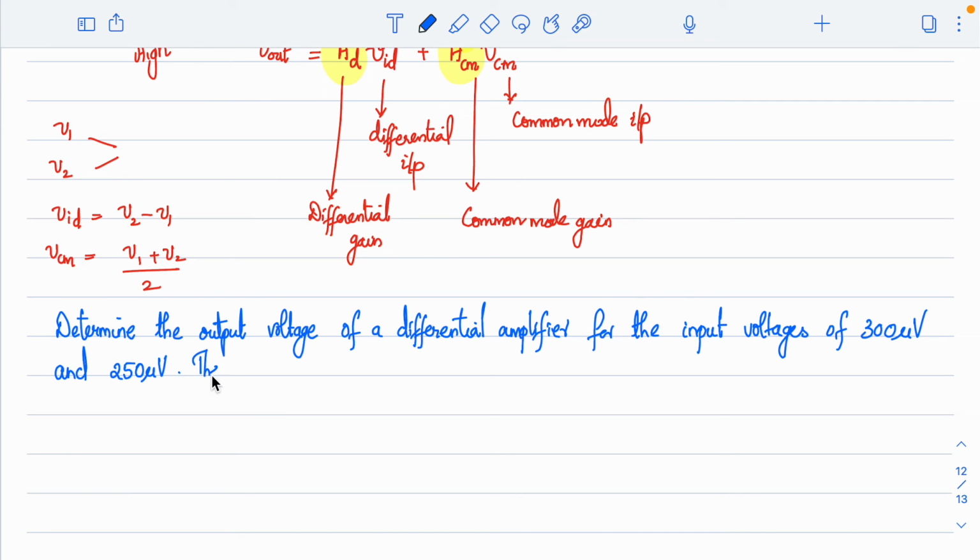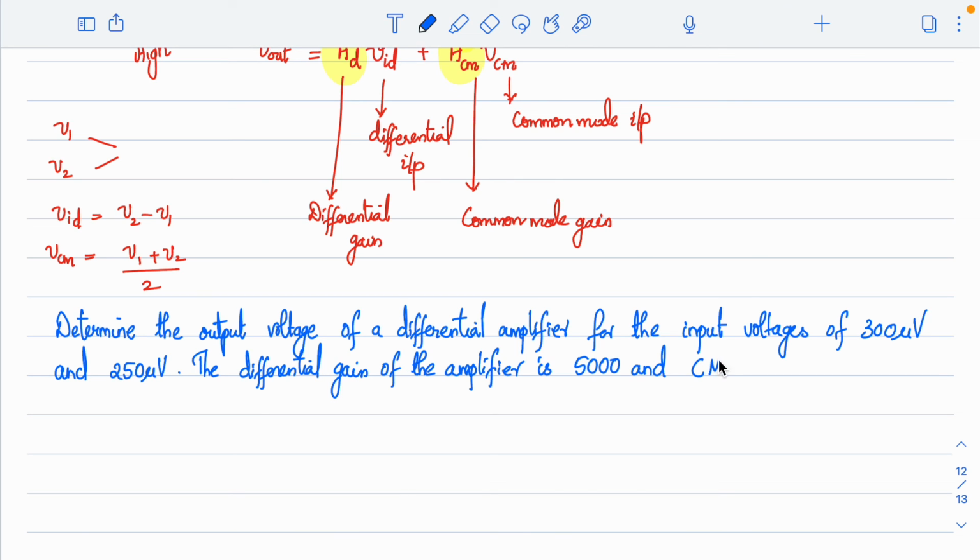Given that the differential gain of the amplifier is 5000, and here we are introducing one more term.